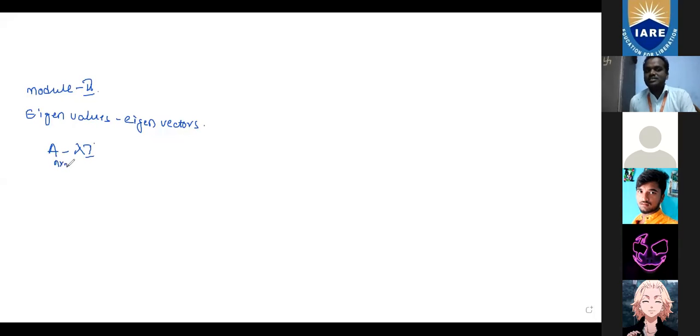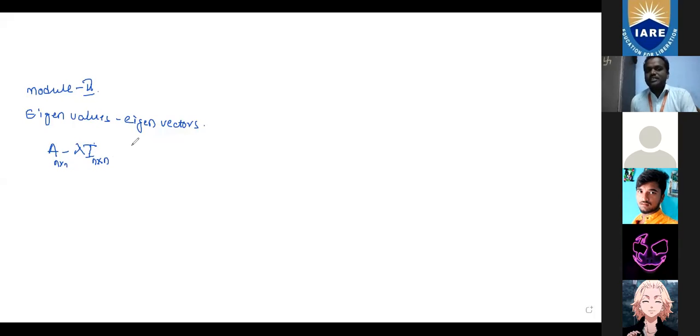It is n by n, so you can write I as n by n. The I matrix is a square matrix of the same order as the given matrix. You can write A minus lambda I, where lambda is a scalar value, a constant.